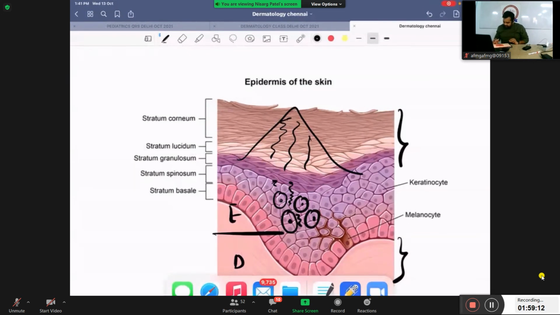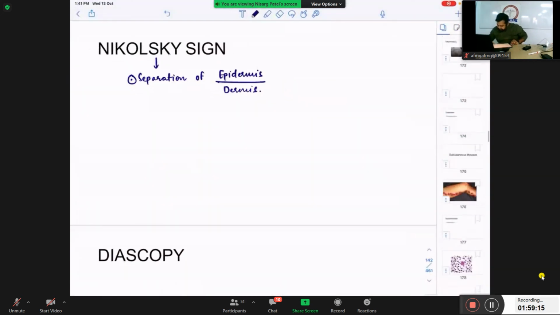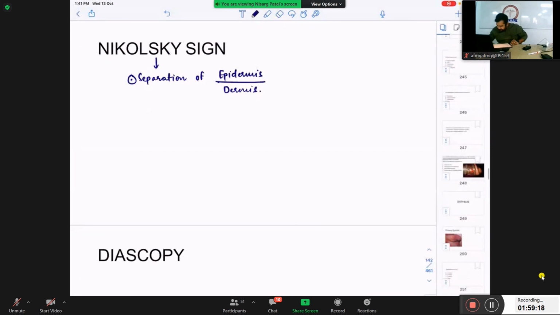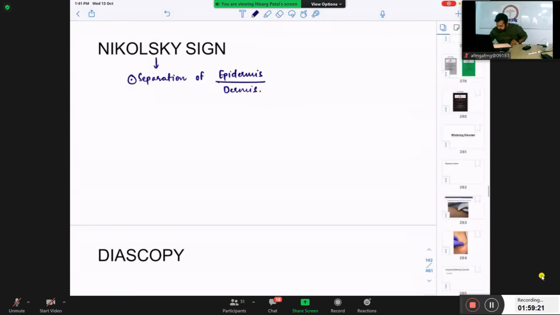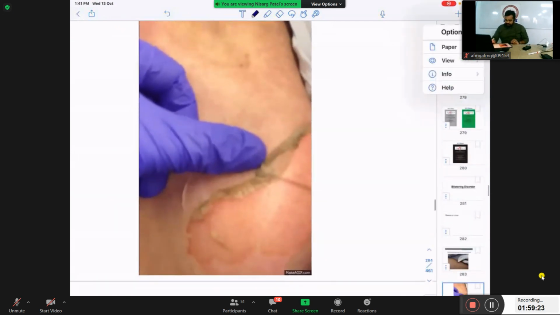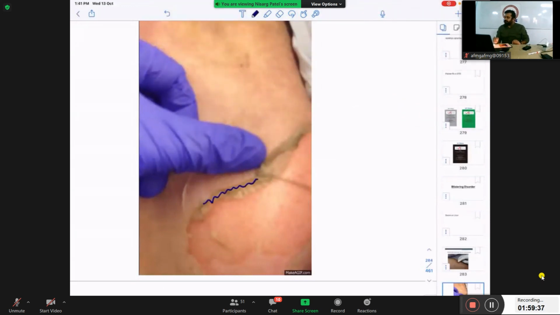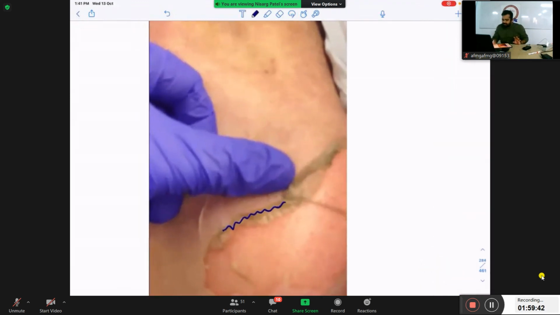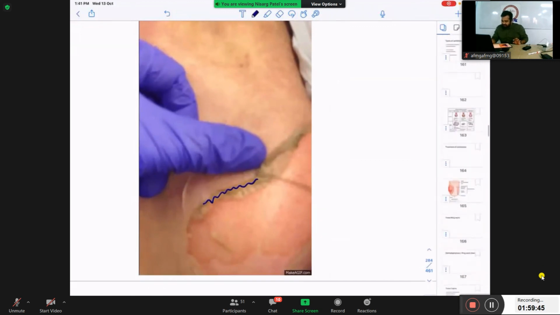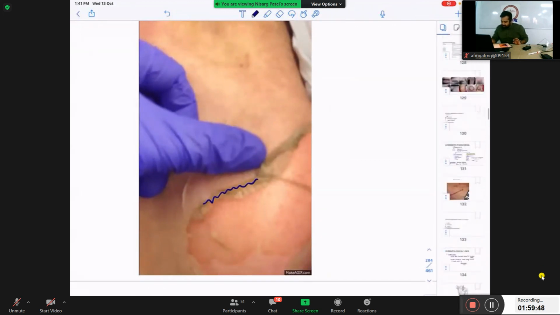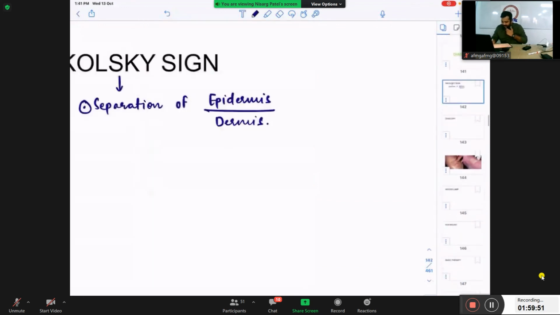So Nikolsky sign, how to elicit this sign, I will show you. So see this, I am giving a slight pressure on my epidermis, but as you can see in this image, there is a rolling of the epidermis. Can you appreciate this rolled over epidermis here? I am giving a slight pressure. So this sign is the Nikolsky sign. So always remember, Nikolsky sign is just by giving a minimal pressure, I am having a separation of the two layers of the skin, which are the epidermis and dermis.